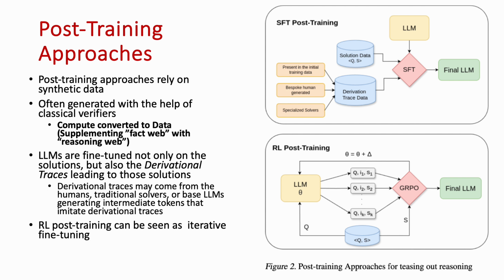If at least one of these is correct, then that gives some signal to the reinforcement learning algorithm, which says: change the parameters of the LLM so that it produces the trajectories that end in the correct solution, and reduce the weight for the ones that end in the wrong solution.